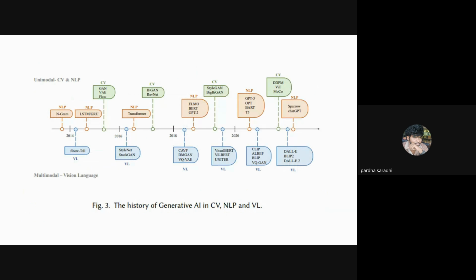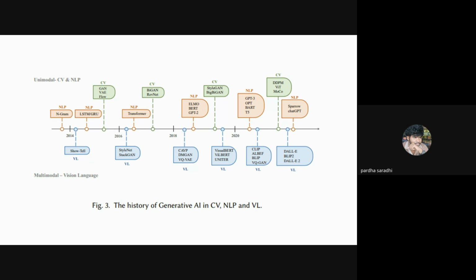Okay, this is a brief history of how exactly CV, NLP, and visuals came into the picture. This figure traces the timeline of Gen AI evolution across three domains: computer vision, natural language processing (NLP), and vision-language.